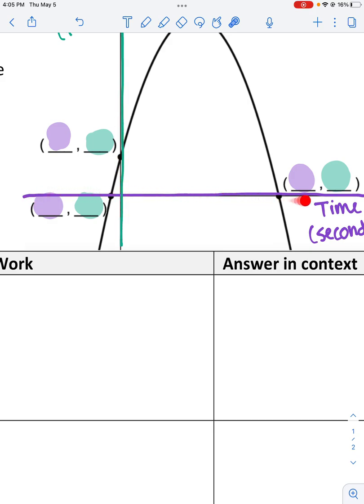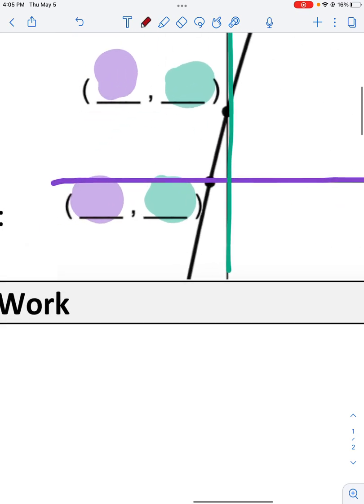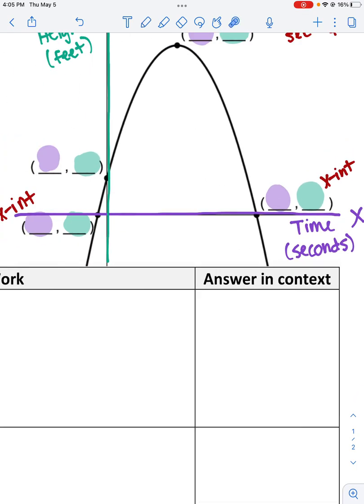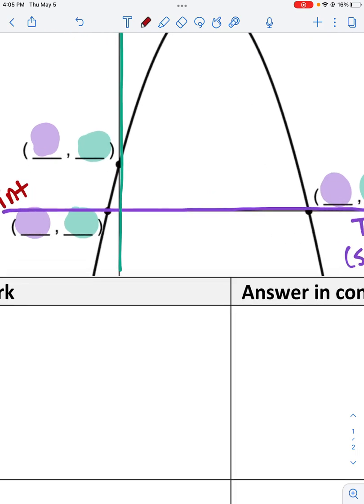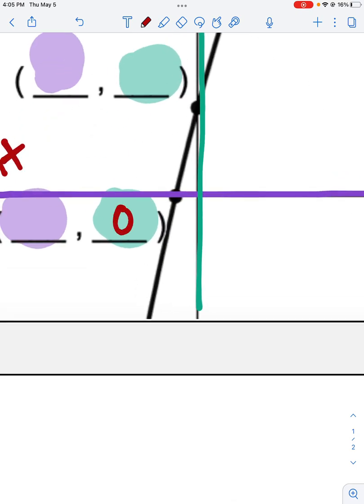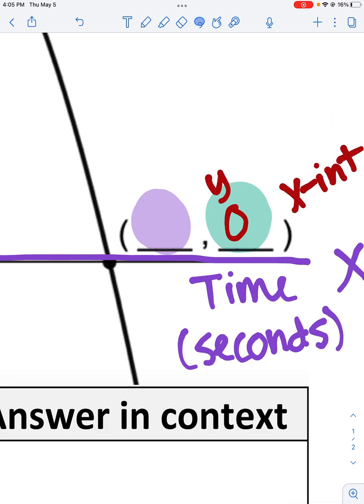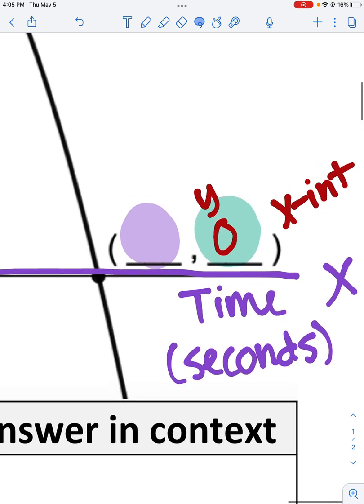Where they cross the purple line are x-intercepts, and I have 2 of them, right here and over here. And I know that any point on the x-axis is going to have some x-coordinate going left or right, but I'm not going up or down, so my y-coordinate is always going to be 0. So that's a for sure value that I can fill in for x-intercepts.